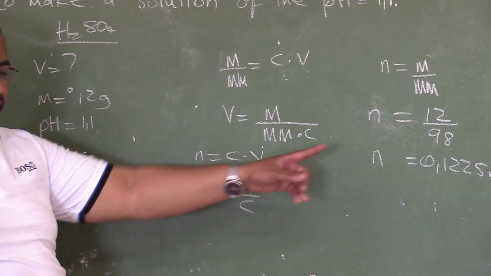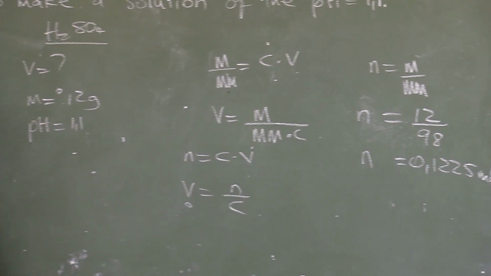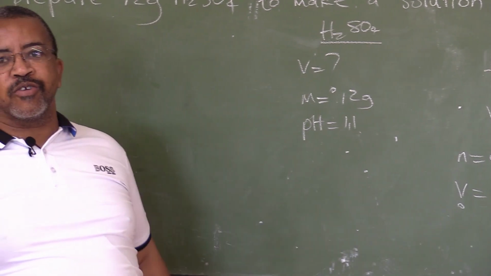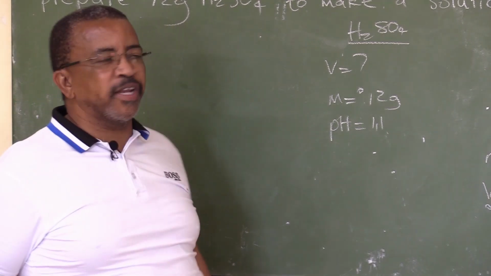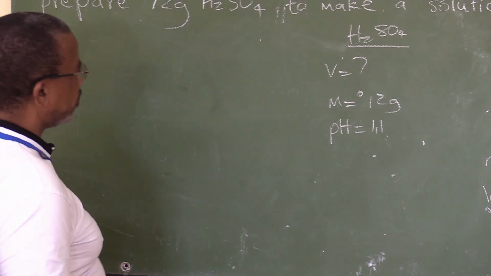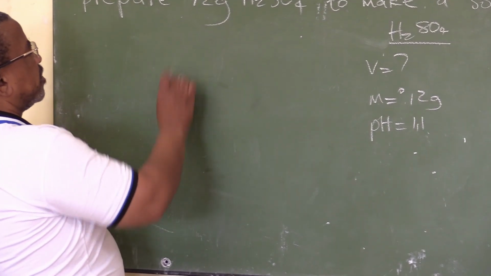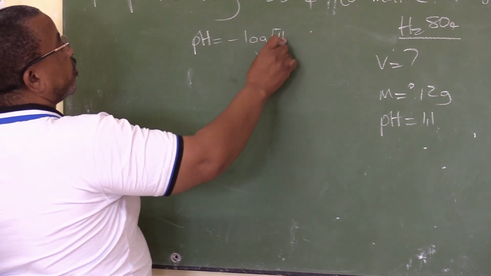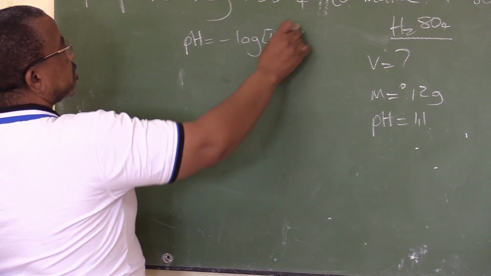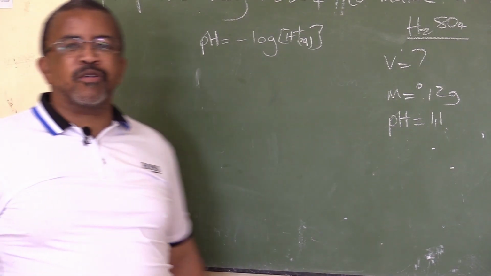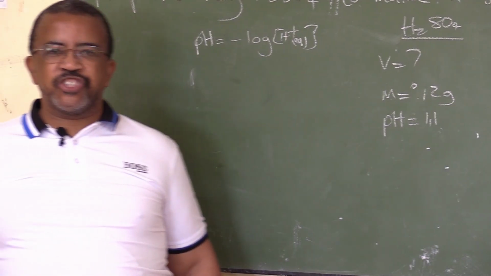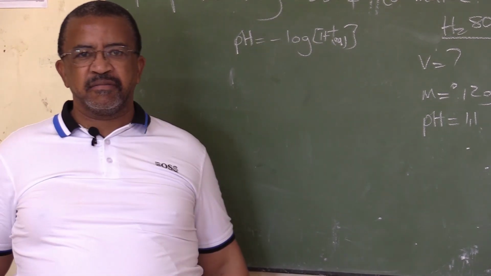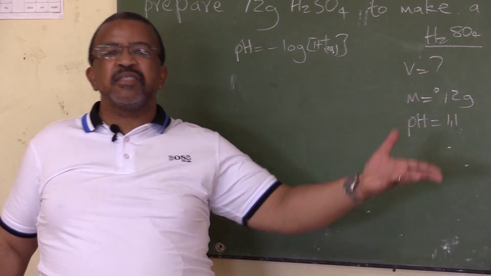We have the number of moles. Let us get the concentration. The concentration, we use the pH to get it. Let us see how. We have pH. pH is minus log the concentration of H plus aqueous. Don't forget, let me stress, the pH will always give us a concentration of H plus, not of an acid.